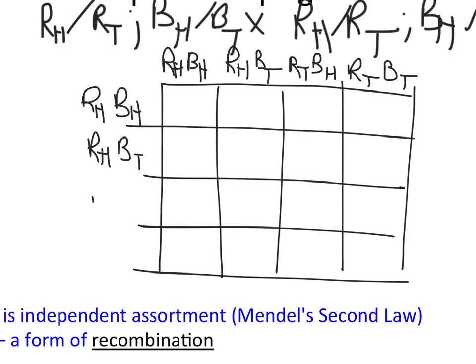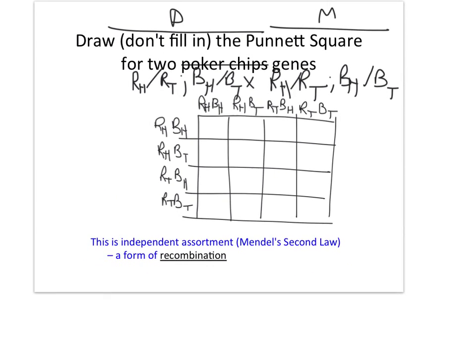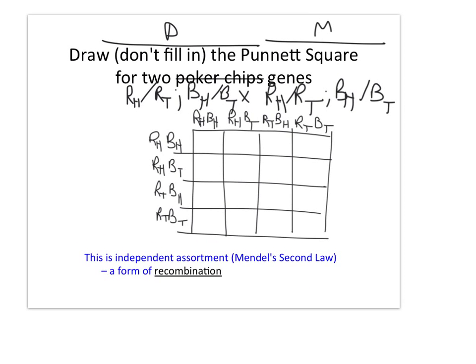Okay, so once we're all set, we're going to flip these coins and we're going to tally where in this box they land. So this is going to be the dad genotypes on the x-axis and the mom there on the y.